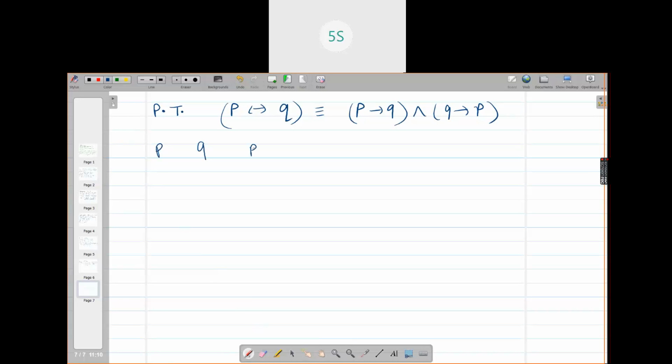Then you require P implies Q, Q implies P, right? Or you have taken like this.